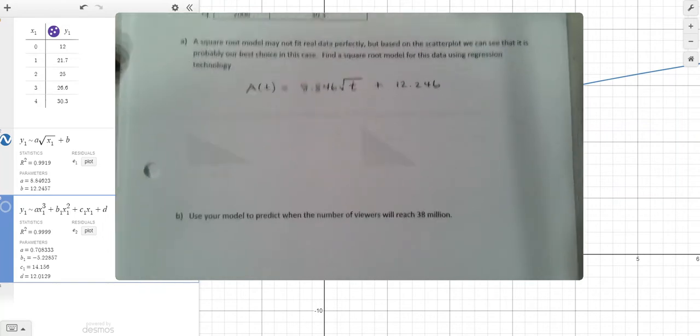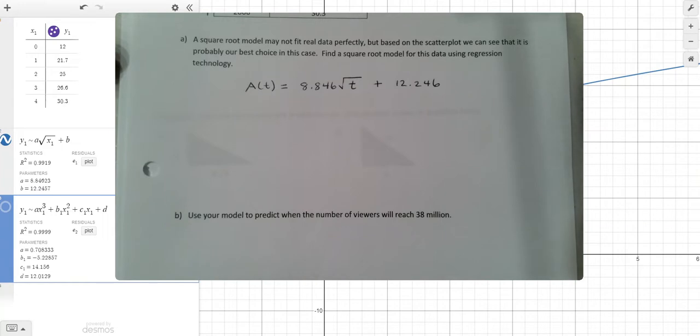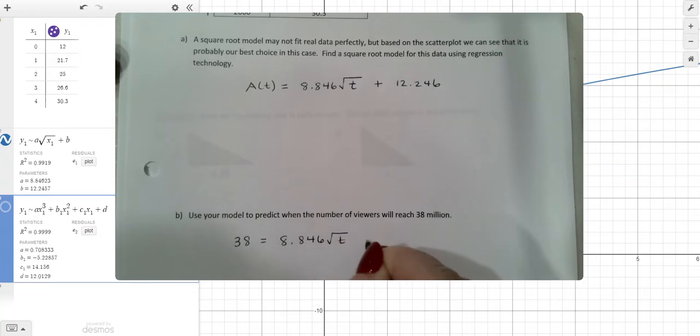Right. This is to use the model to predict when the number of viewers will reach 38 million. So put A of t as 38. And I'm going to go ahead and solve this one by hand, and then we'll go ahead and check it with technology this time. So to solve by hand, I'd have to subtract the 12.246.